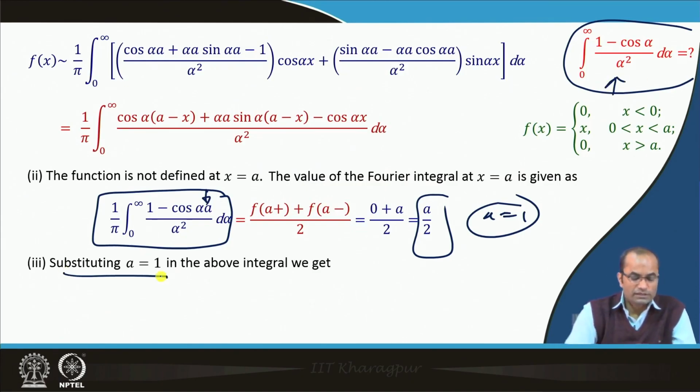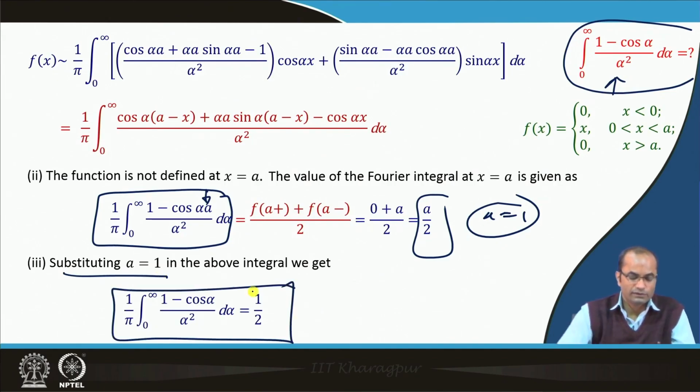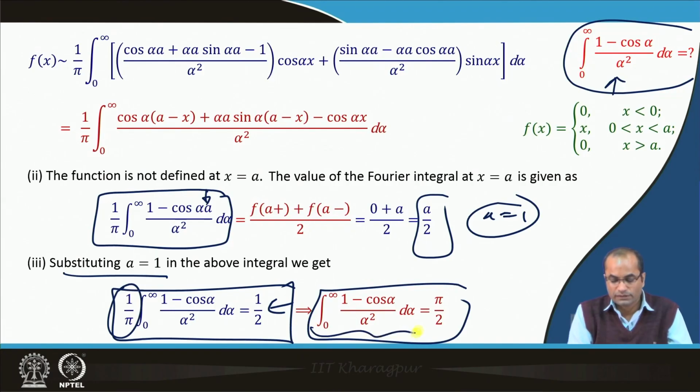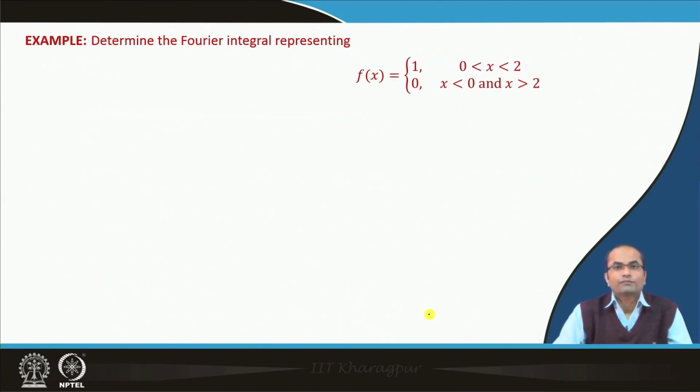So, substituting a equal to 1, what do we get? We get the desired value of this integral, and the value is just half. So, we got this pi by 2. So, there was a 1 by pi factor there. So, the value of this integral is pi by 2.